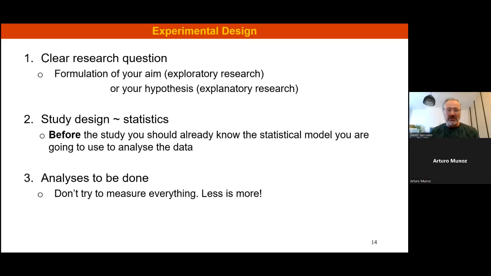And then my question is, okay, what's the relevance? Why would you, for instance, just to say something, measure glucose in the blood of a fish, if your hypothesis or your aim has nothing to do with that?